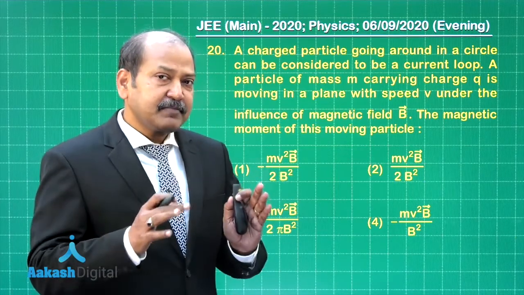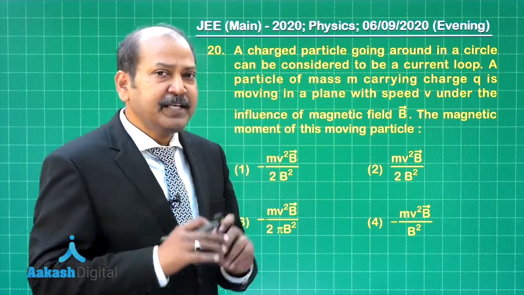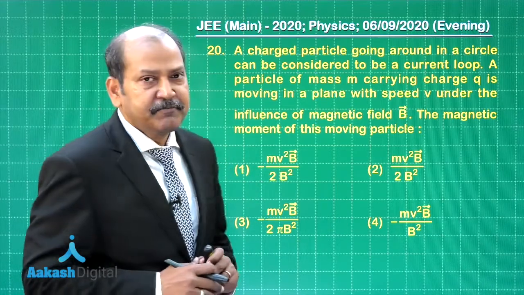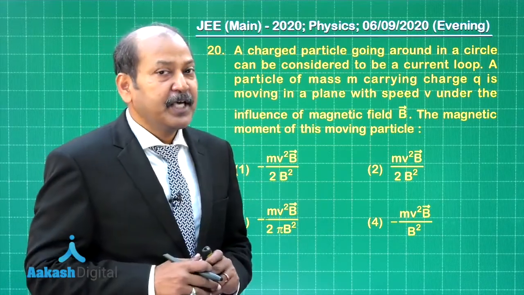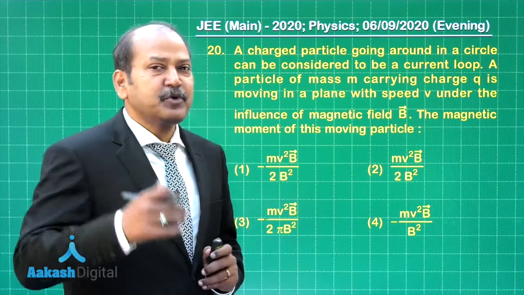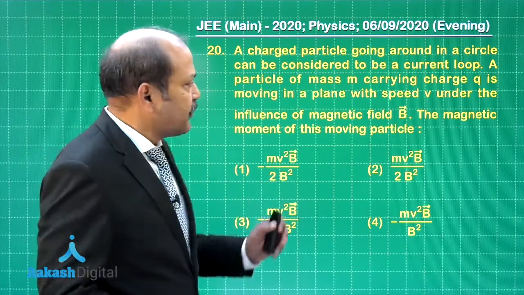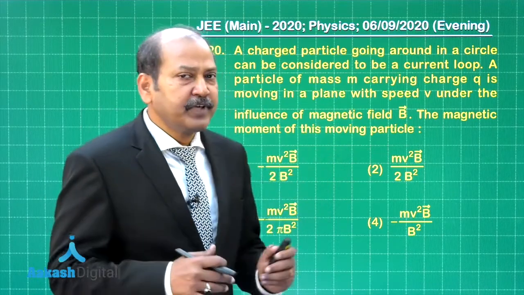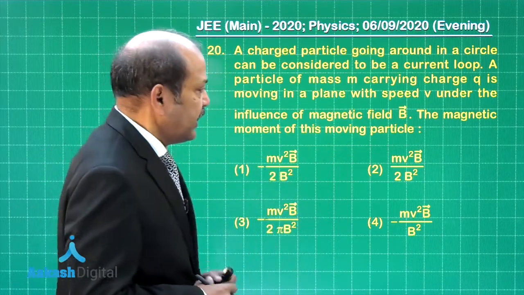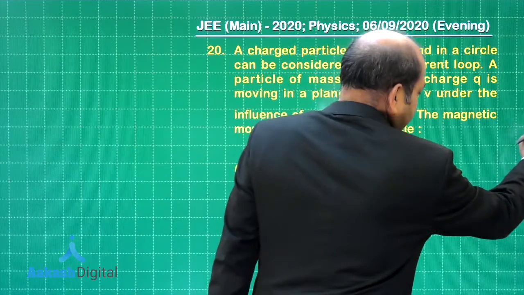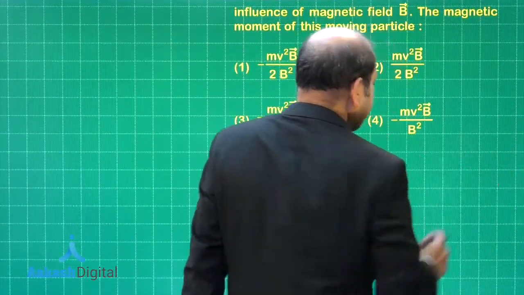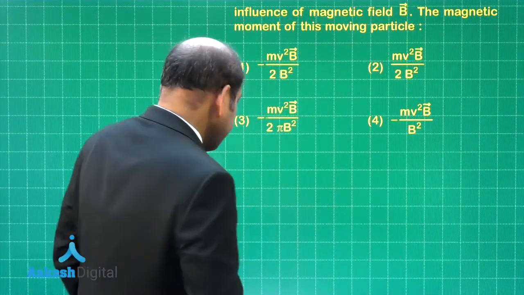Now as the particle is moving in a plane, clearly its motion is a circular motion. If it was in a 3D motion, we could have said that the motion is helical, but the question clearly says that the particle is moving in a plane.